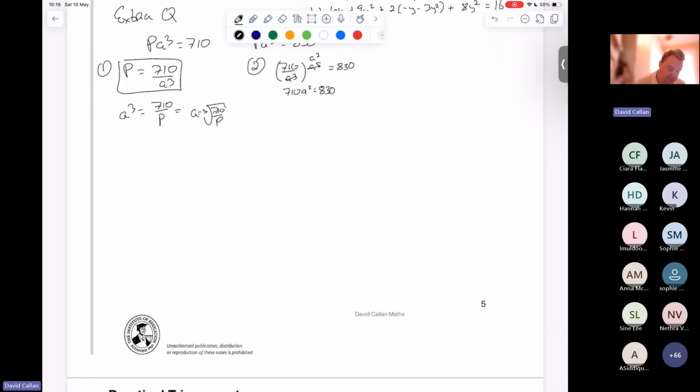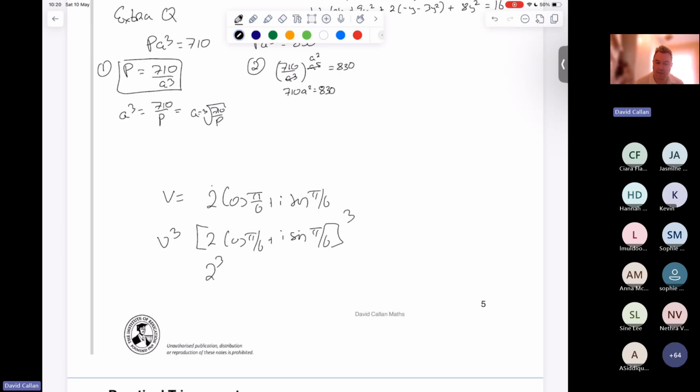So if you've got your form, r(cos pi over 6 + i sin pi over 6), that's v, and then they ask you to work out v cubed, then you would simply put your bracket cubed there, and then you apply the cube to the number in front, r cubed, and then you multiply the angles instead. So you get 3 pi over 6. So if you're in polar form, that's the hard part. De Moivre's is actually the nice bit.